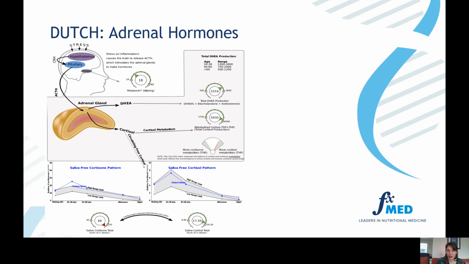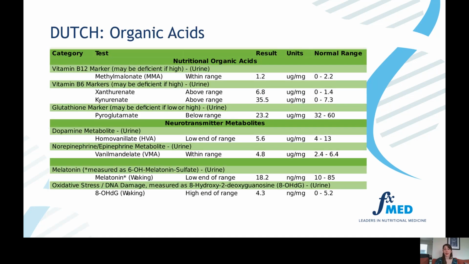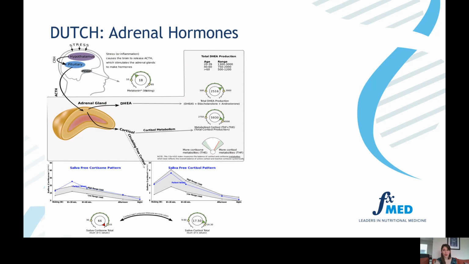And this test measures the CAR, the cortisol awakening response, as well as the differentiation between cortisone and cortisol, the less active of the two, both in urine, so we see in the body at a metabolic level, as well as in the saliva at the tissue level. And differences there can lead us to explore different things that are going on for that person.